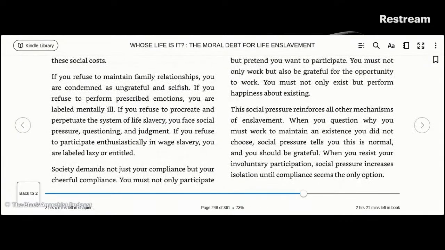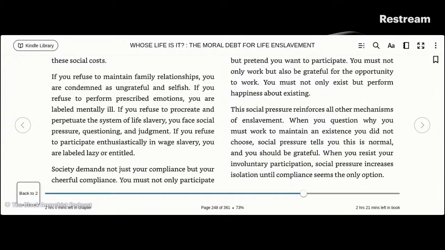If you refuse to maintain family relationships, you are condemned as ungrateful and selfish. If you refuse to perform prescribed emotions, you are labeled mentally ill. If you refuse to procreate and perpetuate the system of life slavery, you face social pressure, questioning, and judgment. If you refuse to participate enthusiastically in wage slavery, you are labeled lazy or entitled.